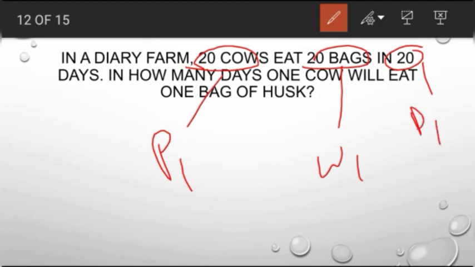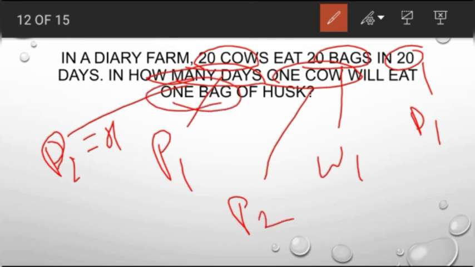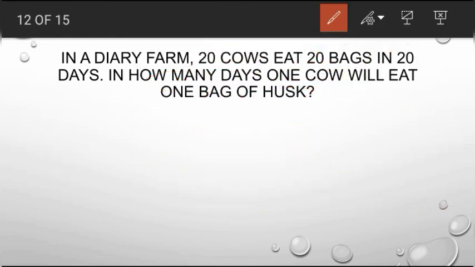And how many days means D2 equals X. One cow means P2 equals 1 will eat one bag of husk, which means W2 equals 1. Okay. Now substitute all the values and comment the answer below.